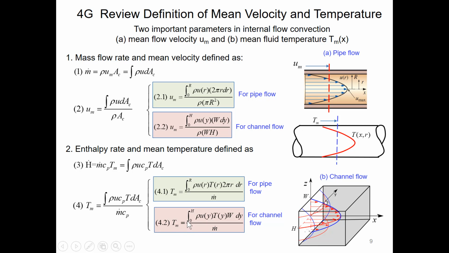And it is calculated from integral of product of velocity and temperature profiles over the cross-section area and divided by the mass flow rate.